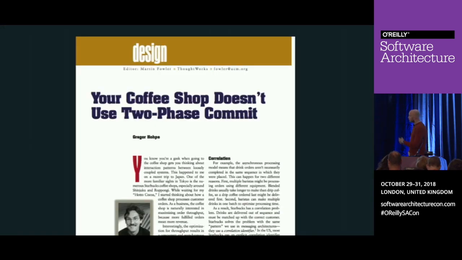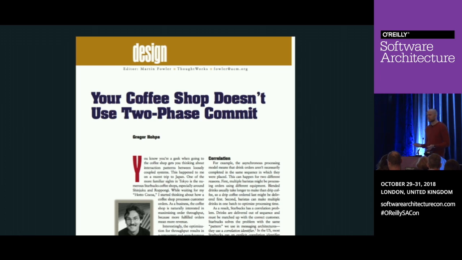And so there's a very good article by Gregor Hohpe called "Your Coffee Shop Doesn't Use Two-Phase Commit." It's kind of a famous article. And in it, he describes his experience at a Starbucks and draws parallels between how a coffee shop operates and how loosely coupled systems operate.